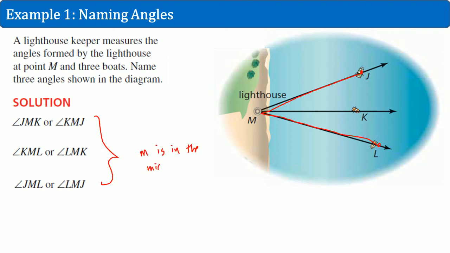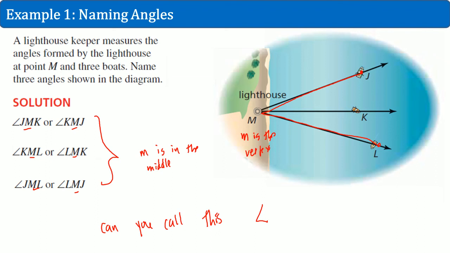Why is that? The reason why is because M is the vertex. Okay, notice that. So be very careful. Technically, can you call this angle M?